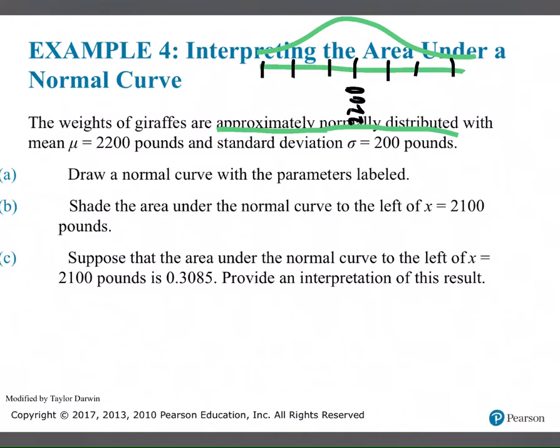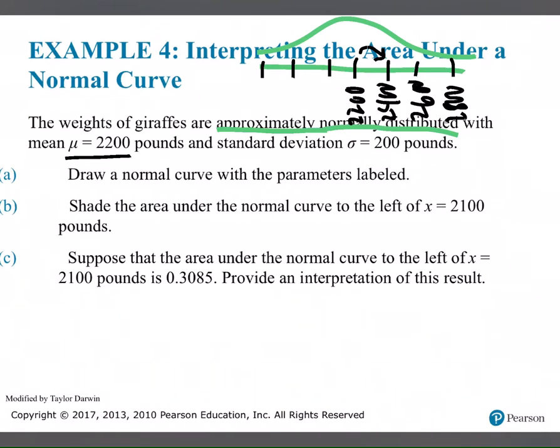Anytime you jump from mean to standard deviation to one little tick mark over, it's adding the standard deviation to the mean if you're going right. So we're going to do 2,200, the mean, plus 200, the standard deviation. So this little tick represents 2,400. Add another one. That represents 2,600. I'm adding 200 again. And then that last one would be 2,800. So each time I'm adding 200 to the previous value.